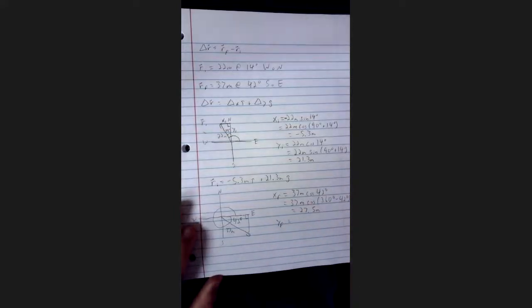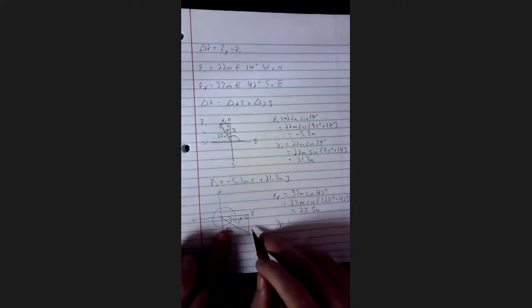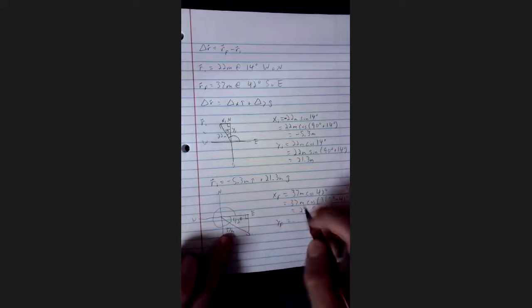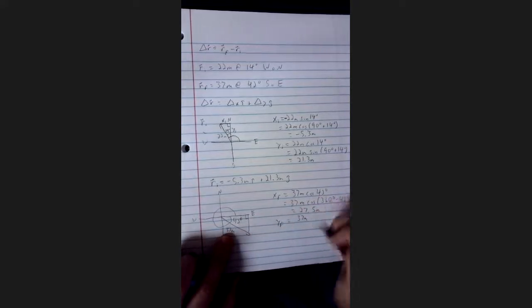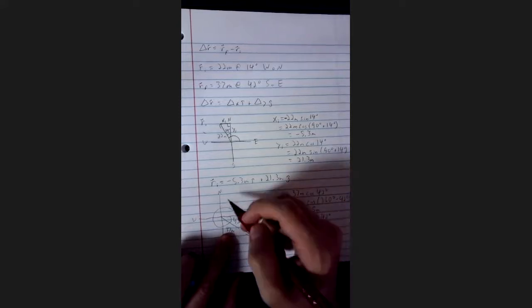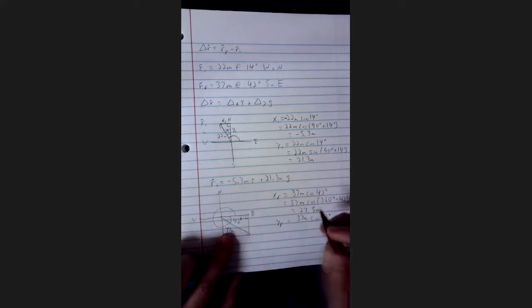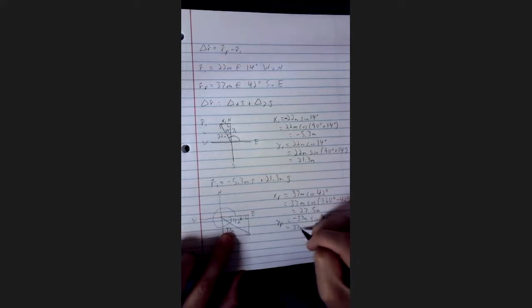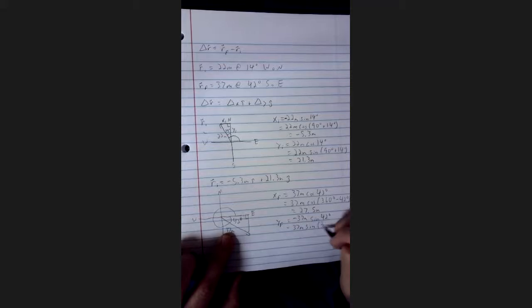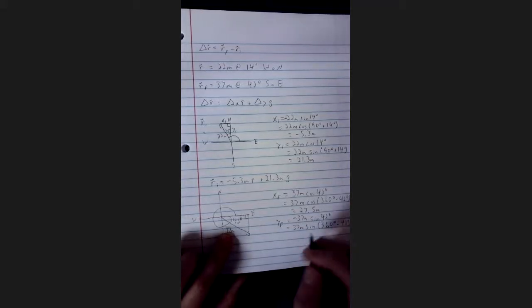So similarly for y, the y is the opposite side of this triangle. So this is 37 meters sine of 42 degrees, but it's on the negative side of the y-axis, so we have to add a negative. Or we can always just use sine and use this whole angle, which once again is 360 minus 42 degrees.